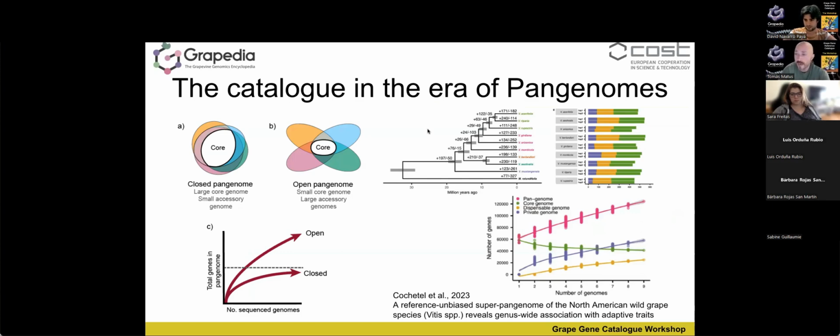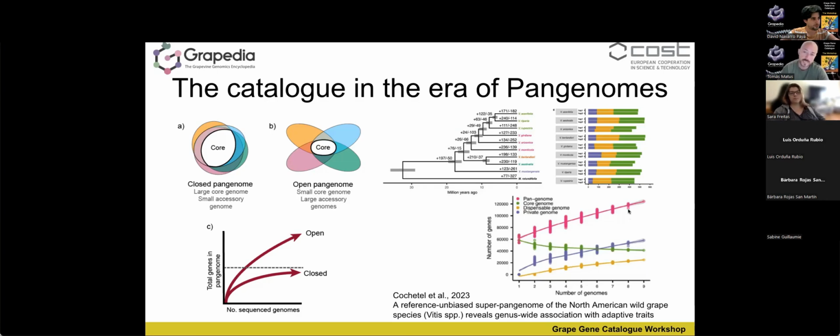By comparing these genomes and putting them together in a pangenome, we have a very high number of genes as we increase the number of genomes. This may give a lot of interesting traits, and these could be genes that are actually responsible for resistance traits or quality traits, so we need to consider them as well.